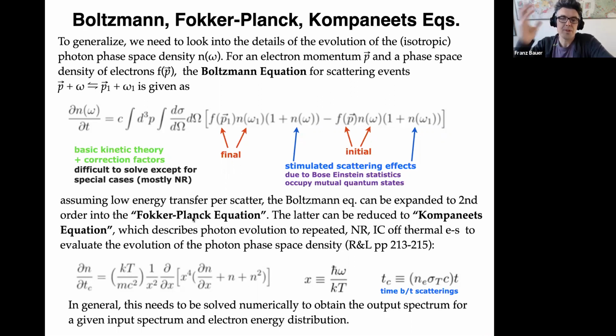Then the Fokker-Planck equation can be reduced to what's known as the Kompaneets equation, which basically describes the photon evolution under repeated scatters in a non-relativistic medium, where the inverse Compton is happening off of thermal electrons.